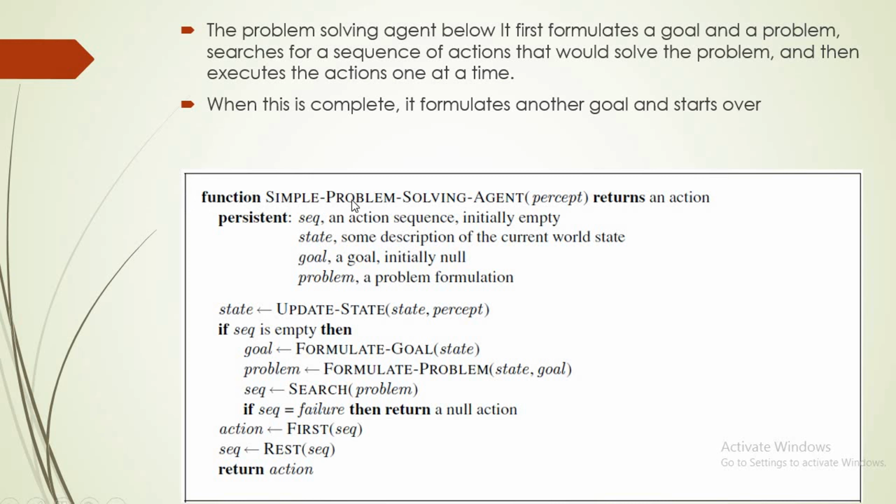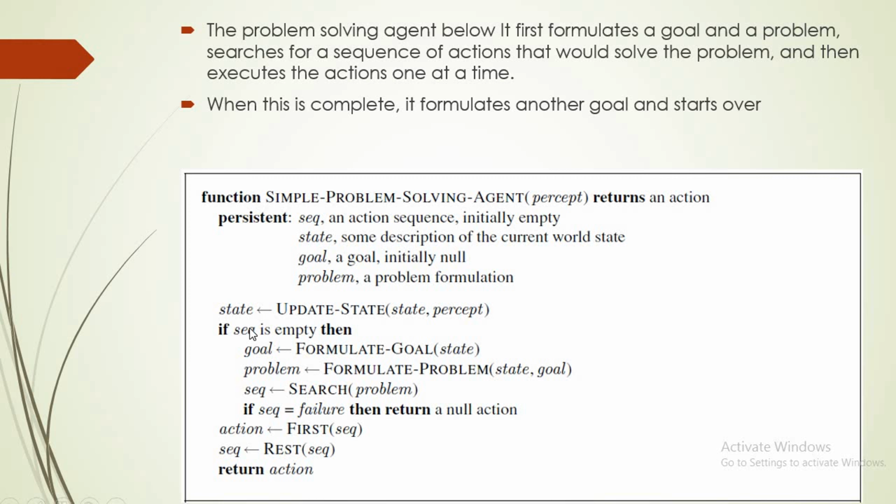So this is a simple function to define a problem solving agent, which takes in the percept and returns an action. Amongst the information in the data structures persistent will be sequence, the states, goal, and the problem.